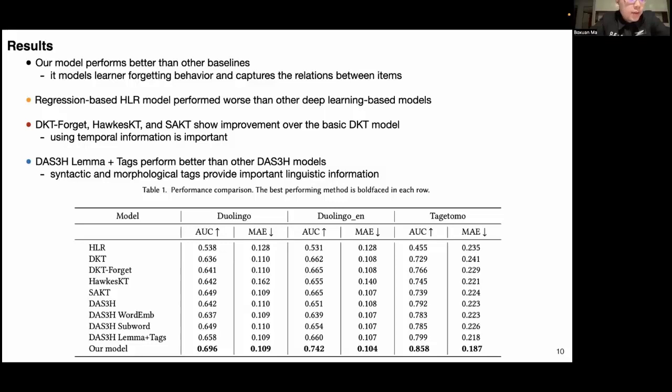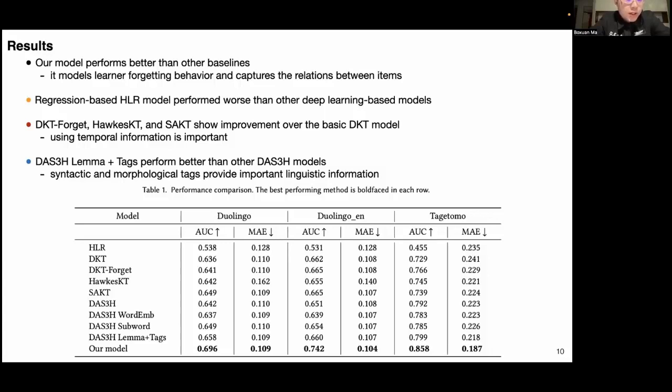First, the performance of the regression-based HLR model is worse than the other deep learning-based models for all datasets. In addition, DKT-forget, HawkesKT, and SAKT show improvement over the basic DKT model, which demonstrates that using temporal information is important in tracing learners' language learning and forgetting processes.